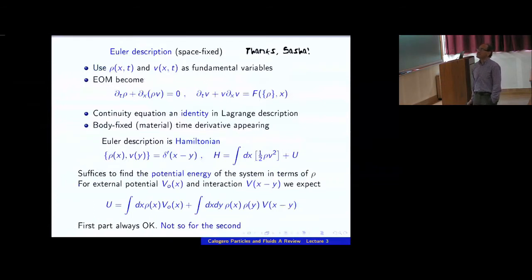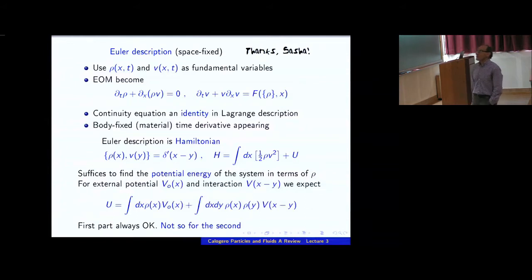The other description is the Euler description, and here thanks Sasha for doing all the background work in explaining how this works, so I will go fast. In that description, we are not interested to follow the particles as they go around. We just want to look at them and see only a density and a velocity field. So those should be our dynamical variables.